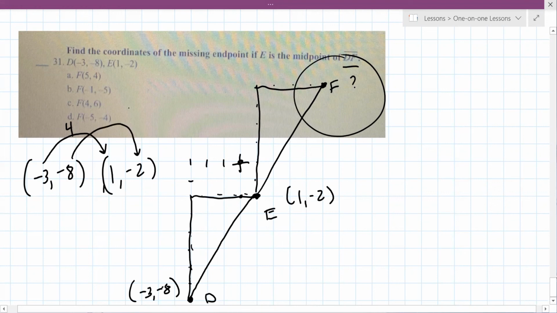You went up 6. So to get to the endpoint, you're going to go up another 4 again. So -3 to 1 is 4, 1 to 5 is another 4. You went from -8 to -2, that was 6. -2 to 4 is another jump of 6.